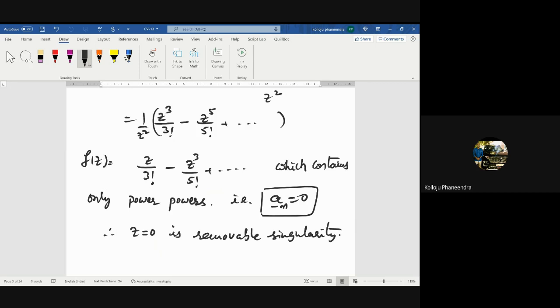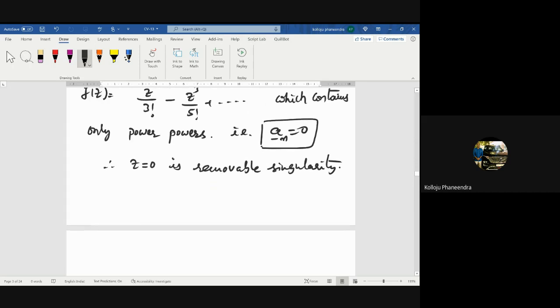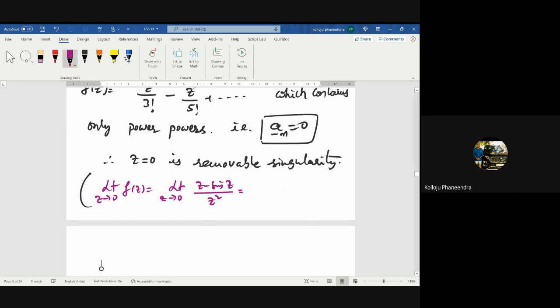Is it clear? Right. Otherwise, another check: let me check the limit as z tends to 0 of f(z), the limit as z tends to 0 of (z − sin z)/z². What I am getting is 0/0 form, right? Therefore, we have to use L'Hospital's rule: (1 − cos z)/2z. Then this is again 0, again 0/0 form.